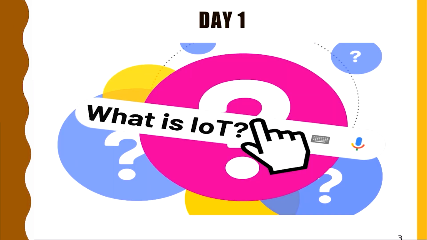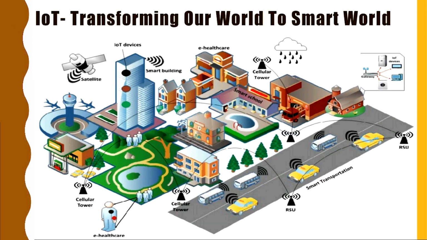What is the IoT? It is that thing which is transforming our world into a smart world. From those traditional ways, we are moving on to smart ways. We have various things at our home itself, like home automation systems and various appliances that are smart now.